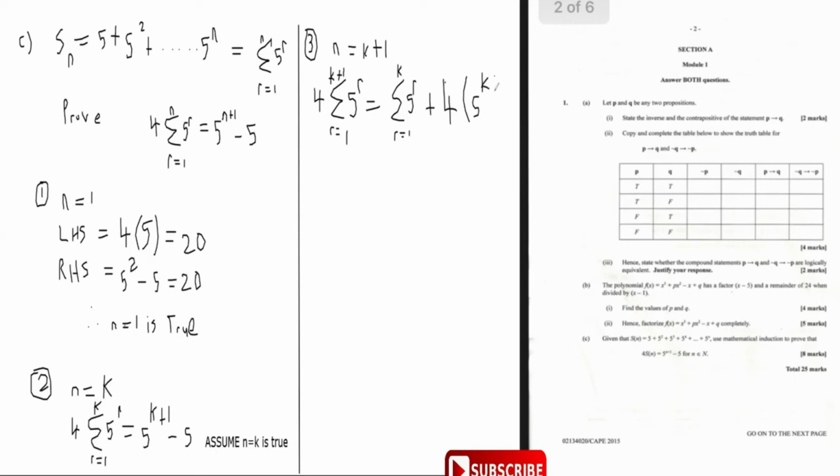That's the k plus 1 term. And so this is working out to be 4 times the sum from 1 to k, which we said is 5 to the k plus 1 minus 5, plus 4 times 5 to the k plus 1.